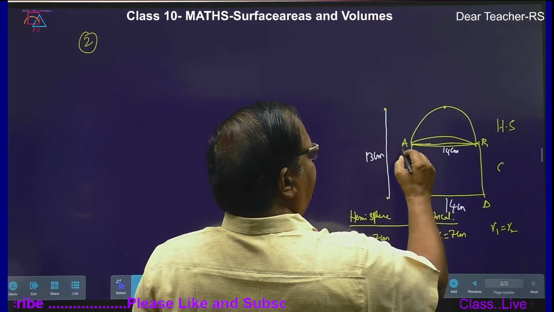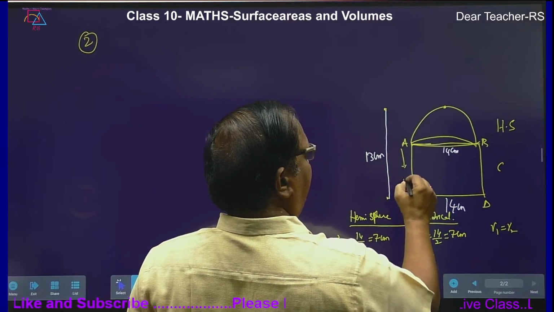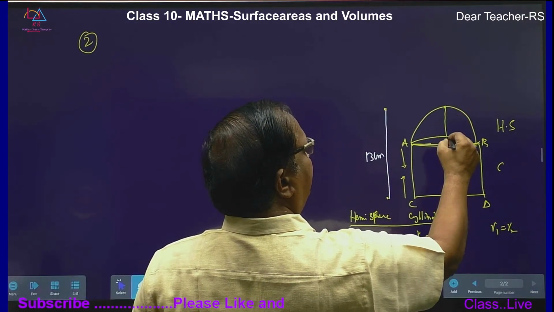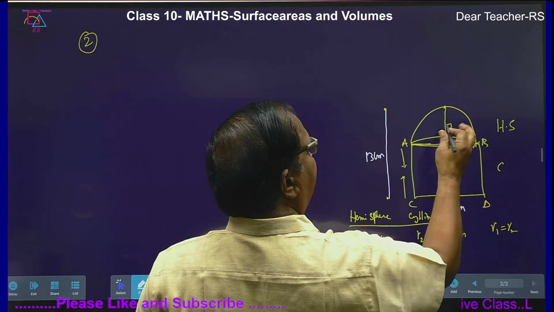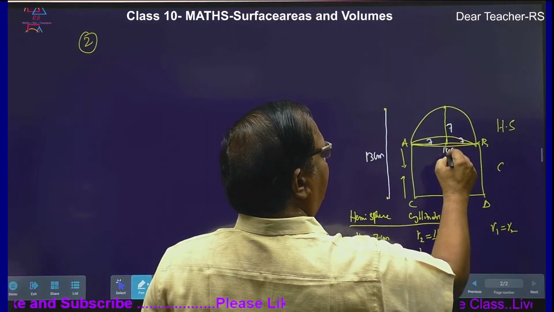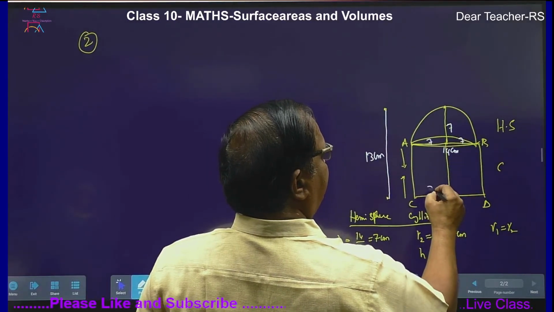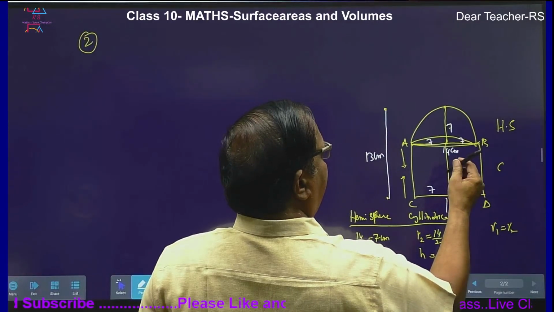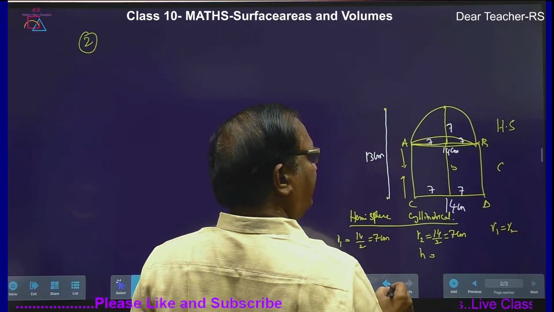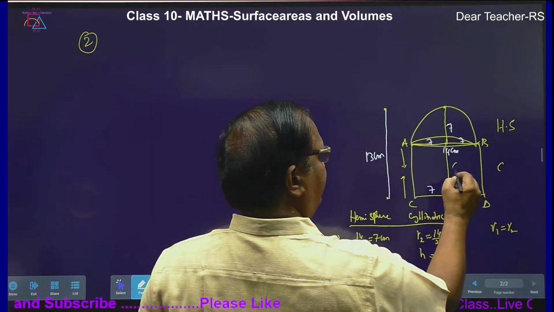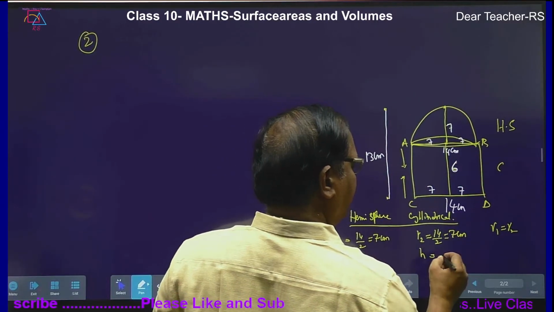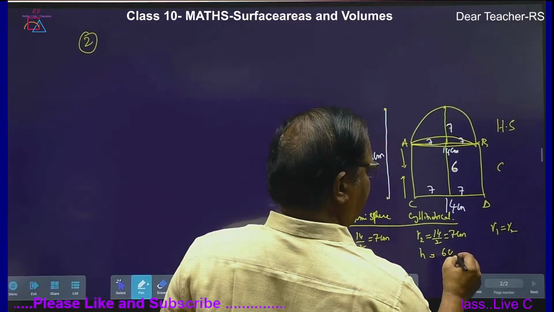So this height is needed. Total height is how much? This is the total height, and this is 7 and 7. If I draw continuous, this is also 7 and 7. So 7 plus 6, 13. So the cylindrical portion height is 6 centimeters.